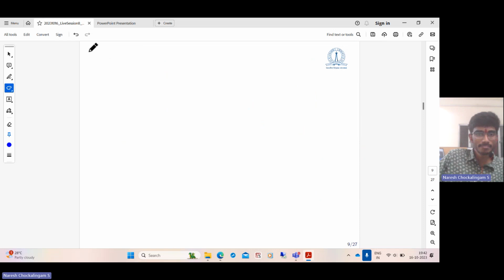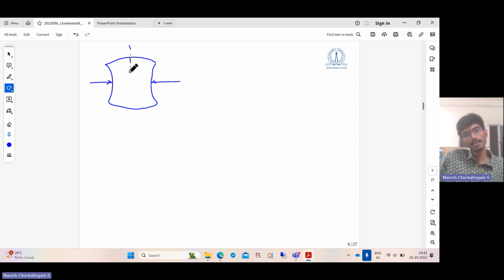As I said, the first thing to see is that the displacements are symmetric on both sides. So if the deformed shape is something like this, the geometry and the structure is symmetric about the y-axis.